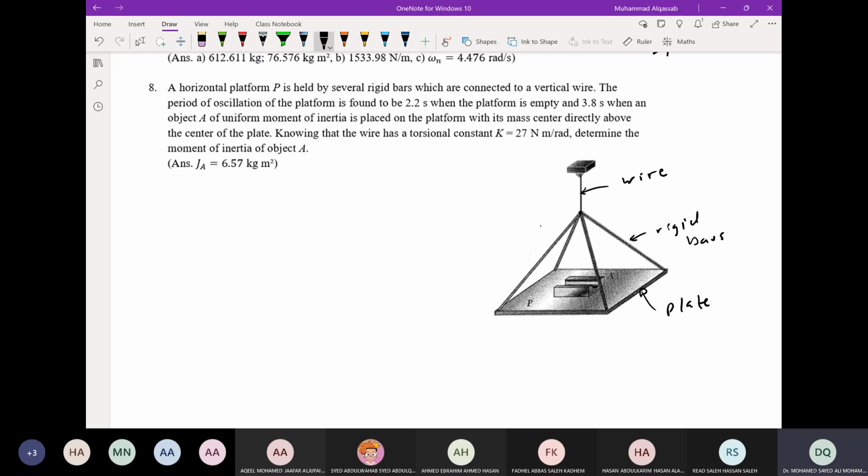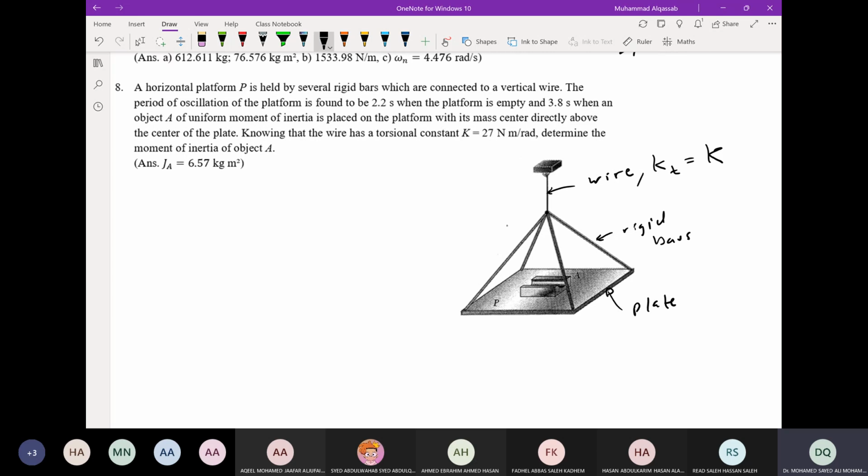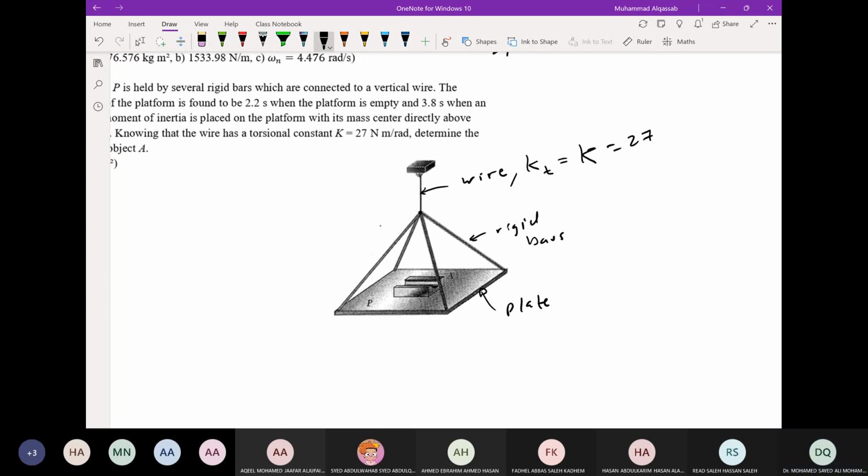So there are two systems here. Stiffness is coming from the wire. Okay, so it is KT, which is given as K equal to 27. The plate has a moment of inertia Jp, but we need to calculate Jp, and A also has a moment of inertia Ja that is unknown.